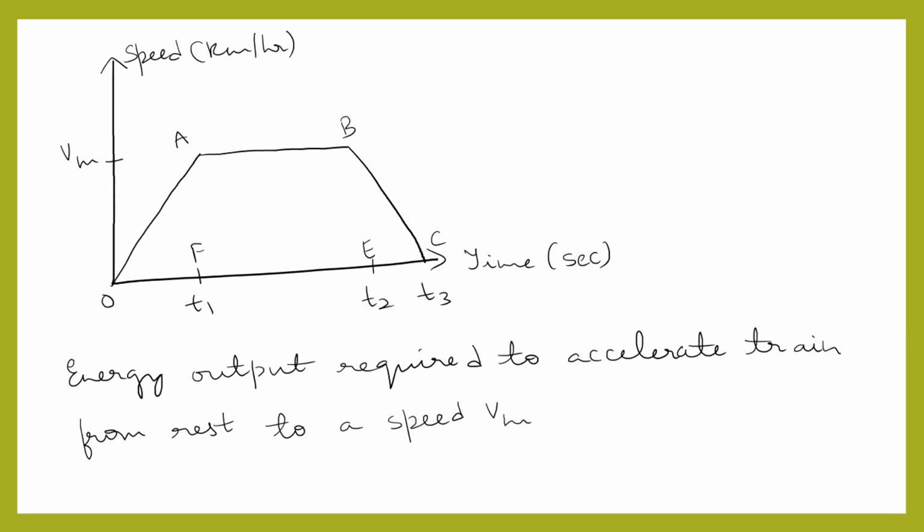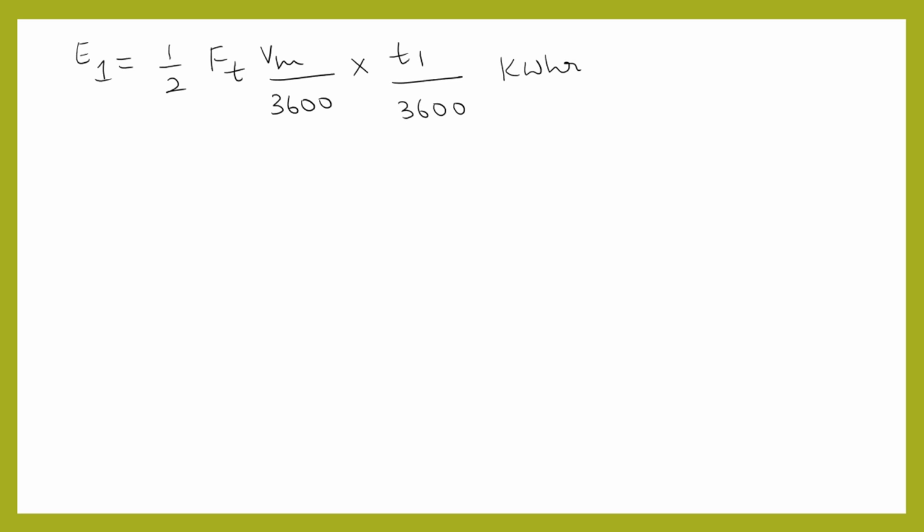which is given by E1, that is equal to average power into time. So E1 is equal to half Ft Vm by 3600 into T1 by 3600 kilowatt hour.